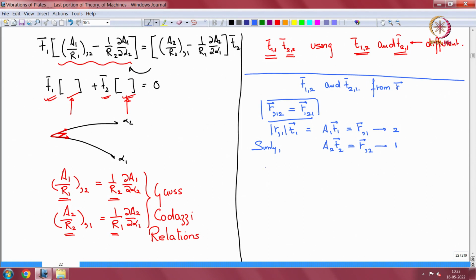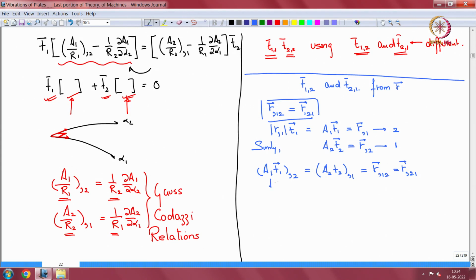So, what we get is A1 T1,2 is equal to A2 T2,1, which is equal to R,12 is equal to R,21.